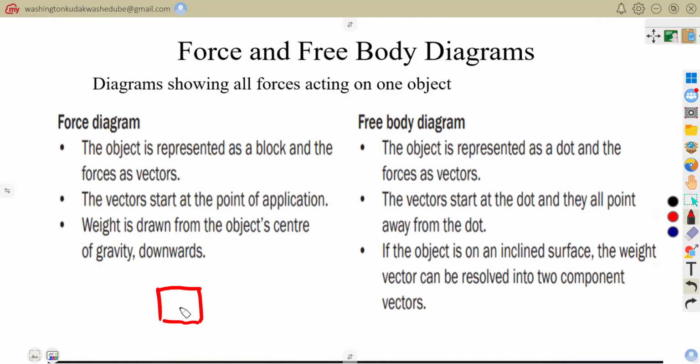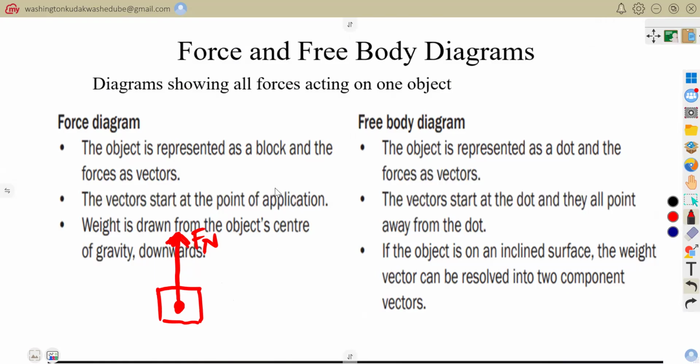Now you use an arrow from the center of this object to represent the force exerted by that surface, so you have the normal force going in that direction. This is the vector arrow you would represent within that block.